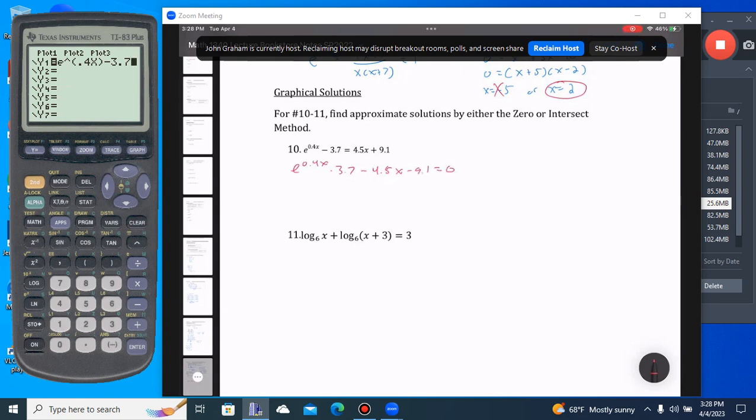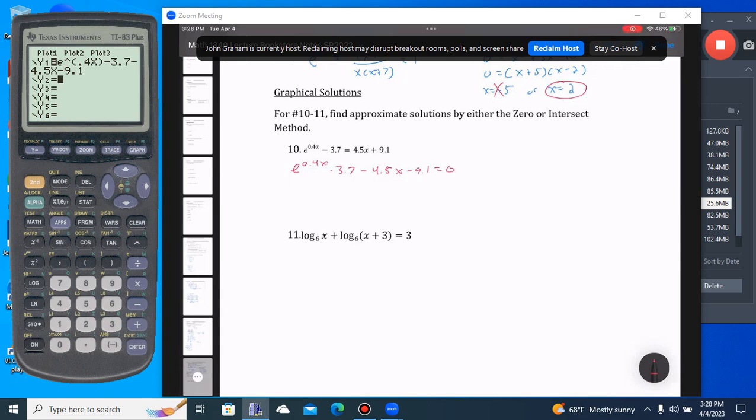That means I'm going to be looking at something on the x-axis, which is going to make it easier to find the point. Minus, oh, that's not minus 9, minus 0.5x minus 9.1. I could have combined the 3.7 and the minus 9.1. Doesn't matter since I'm just typing it in anyways.